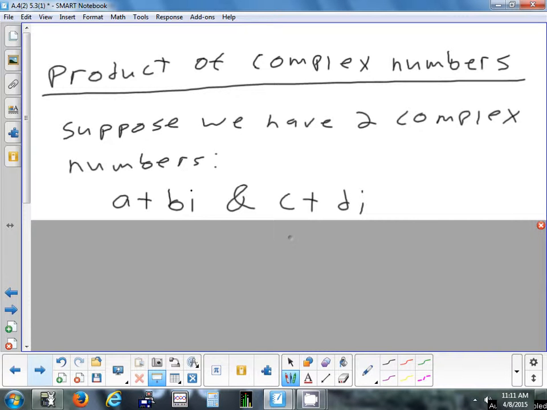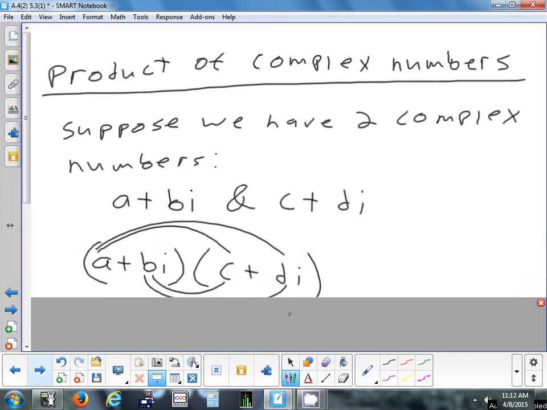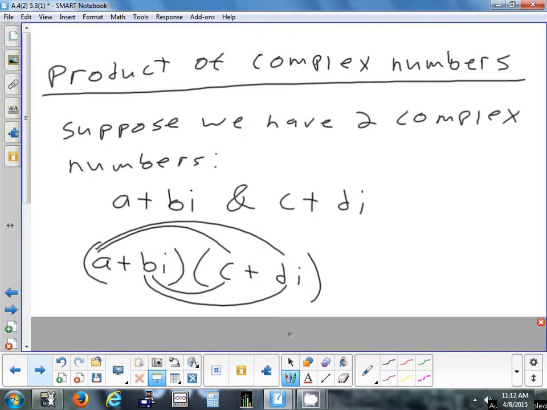All right, so how do we multiply two complex numbers? Well, pretend that those are your complex numbers. a and b would be numbers in a real problem, and so would c and d. The way you multiply them, you've probably seen this idea before, maybe with something like this, multiplying those two things together.